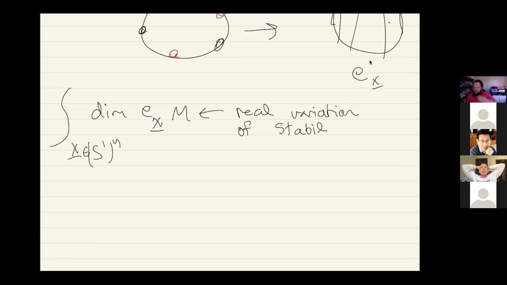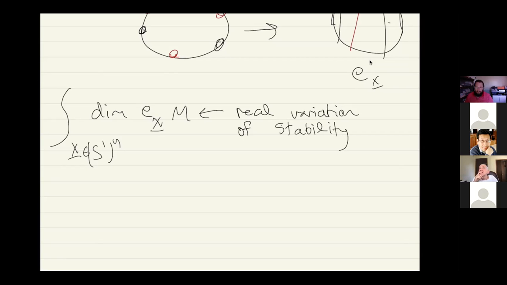Then do I remember correctly that for Mina's, she also has some filtration by the behavior of the central charge near the wall? Yeah, right. That's part of the story of real variation of stability.